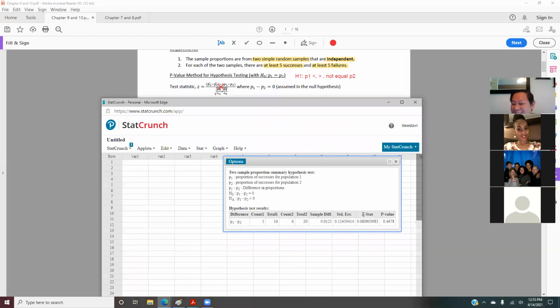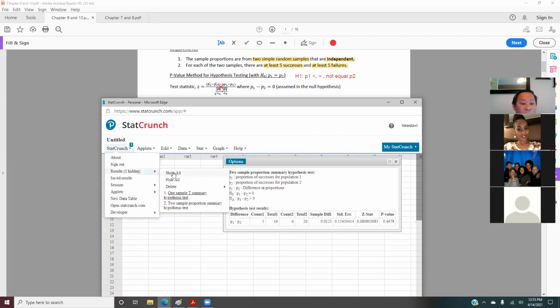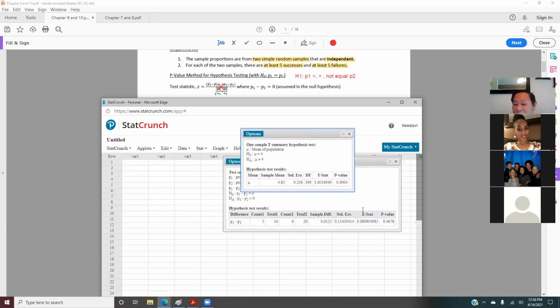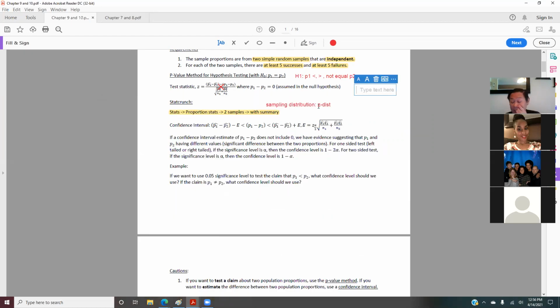If StatCrunch says Z stat, this is Z. If StatCrunch says T stat, like the one we did last time, then it is a T distribution. Last time we did a T, this time we do a Z. So that T and Z will tell us what distribution it is.